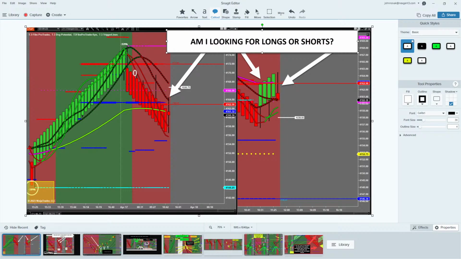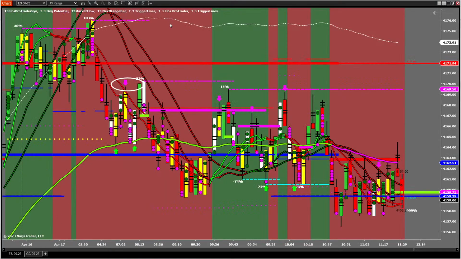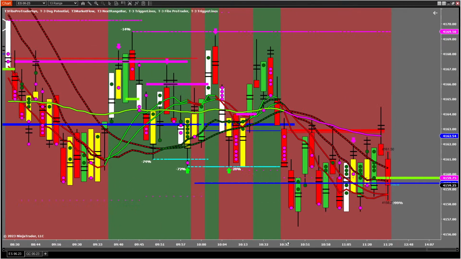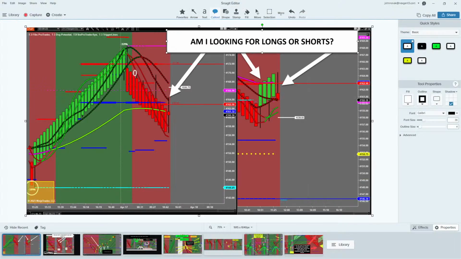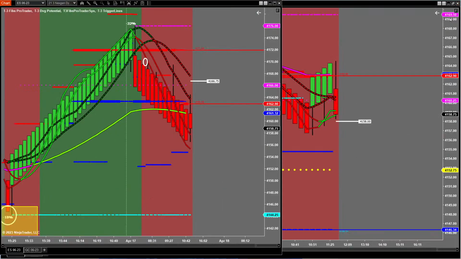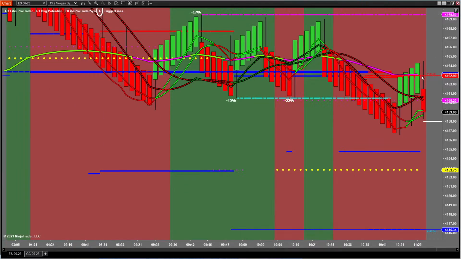Now, the only reason I put this picture on here is because somebody's going to go, oh, you closed above your triggers. Go long. And that's not the way it works. You can't go long just because you closed above a 13 trigger.